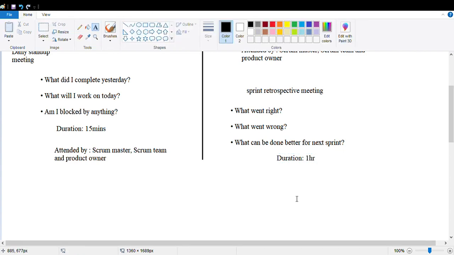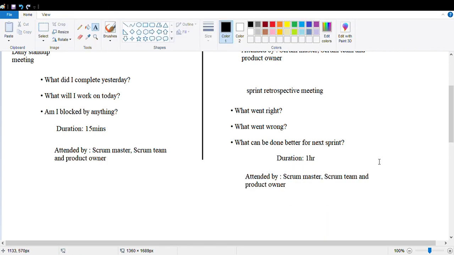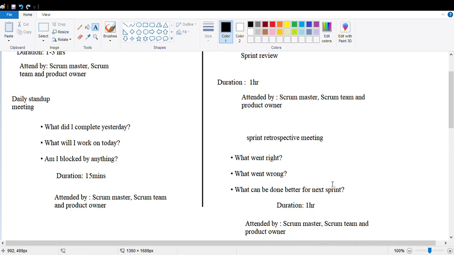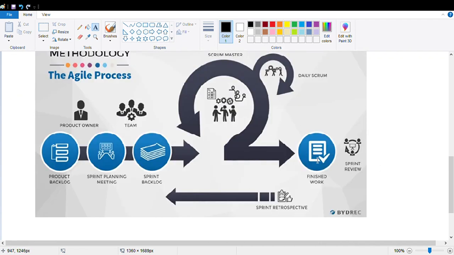And the team members involved are the Scrum Master, Scrum Team, and Product Owner. The sprint retrospective meeting is conducted at the end of the sprint.